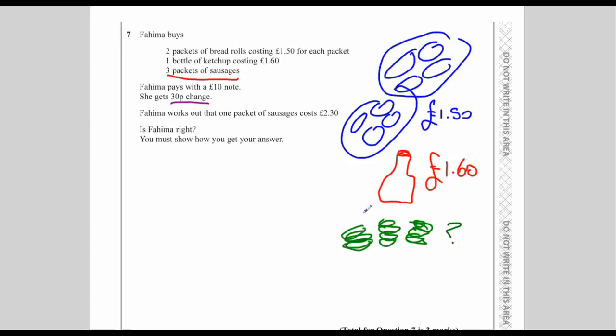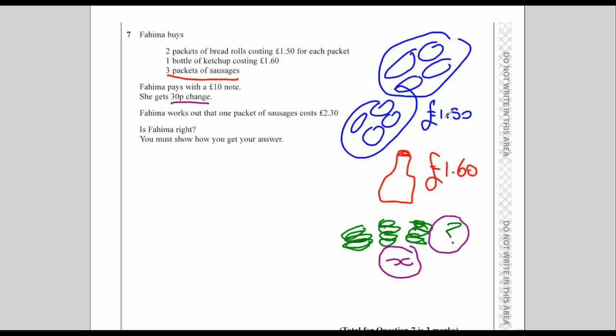Now let's use algebra. We don't put question marks around in maths, we put a letter instead, and the unknown letter is usually x. So x just means we're not sure what it is yet. Okay?